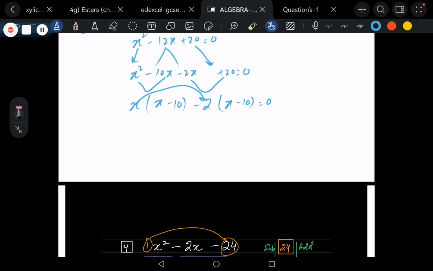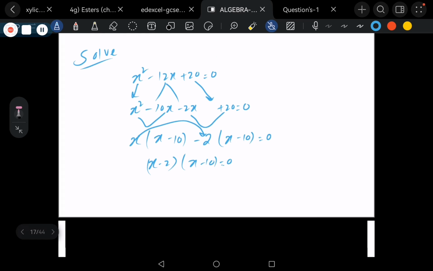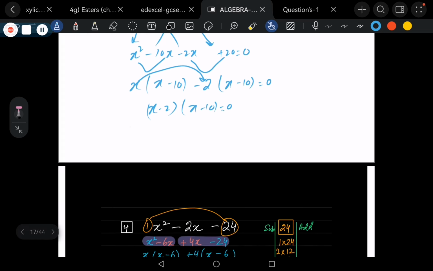Then that x will be combined with that negative 2 and it will become x minus 2. The pair that is common in both will be written once, that is x minus 10 equals 0. Right? Now they said solve it. So one time we will do x minus 2 equals 0 and one time x minus 10 equals 0.